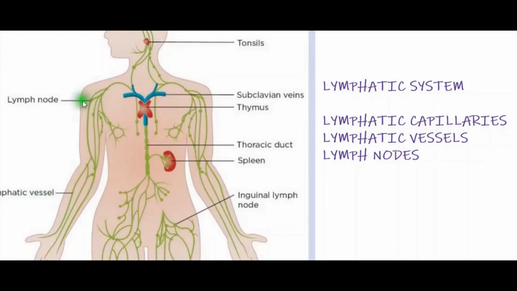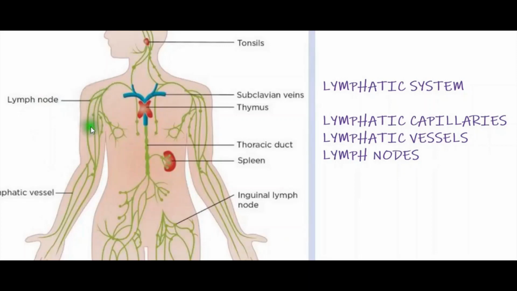These lymph nodes are small oval or pear shaped structures located along the length of the lymphatic vessels.